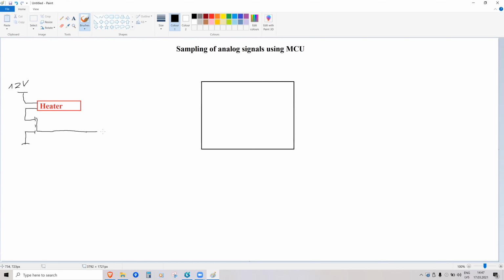And this MOSFET you would want to just connect to microcontroller. Microcontroller can turn the MOSFET on or off, and that's it. It's an N-channel, so it's like this. Arrow goes there.